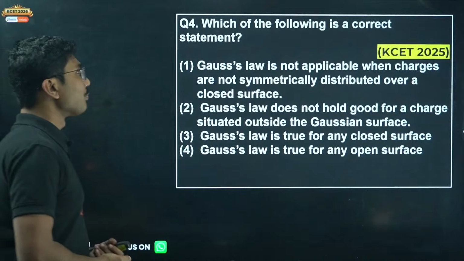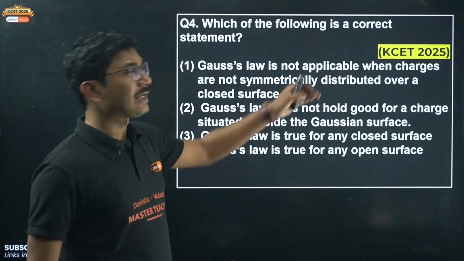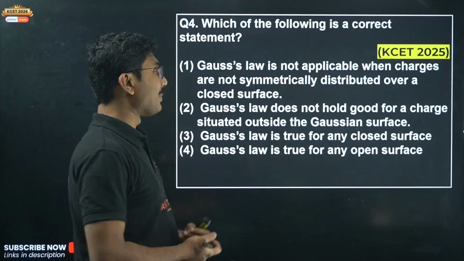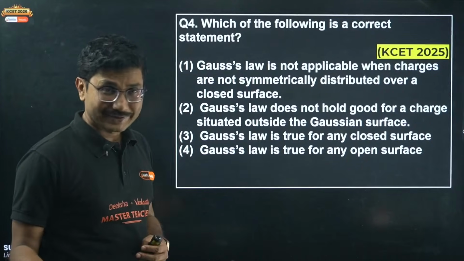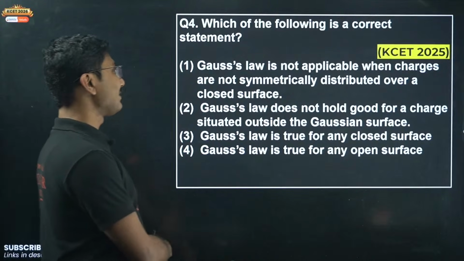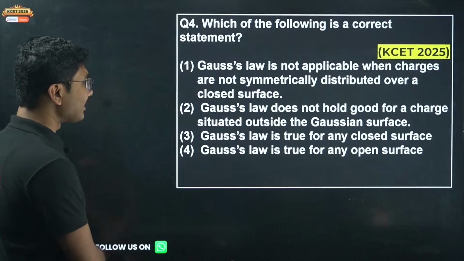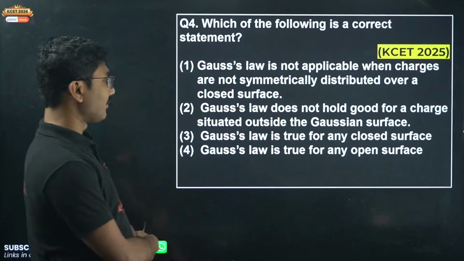Now let's continue. Which of the following is a correct statement? This is from KCET 2025, so maybe when you answered this paper, you already know the answer. Gauss's law is not applicable when charges are not symmetrically distributed over a closed surface.